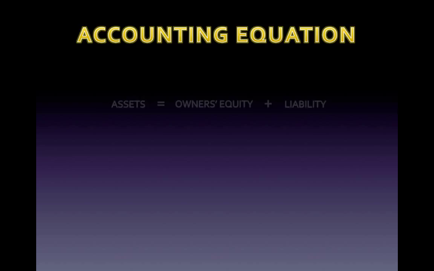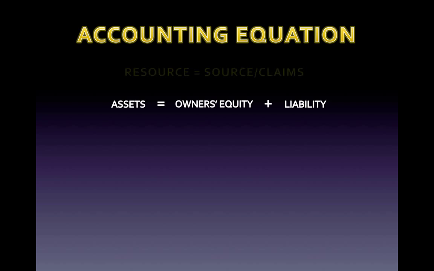Remember, the accounting equation is represented by assets on one side of the equation and owner's equity and liability on the other side. And remember, I said assets represent resources that the business can use to generate wealth, to generate profits, to generate money.